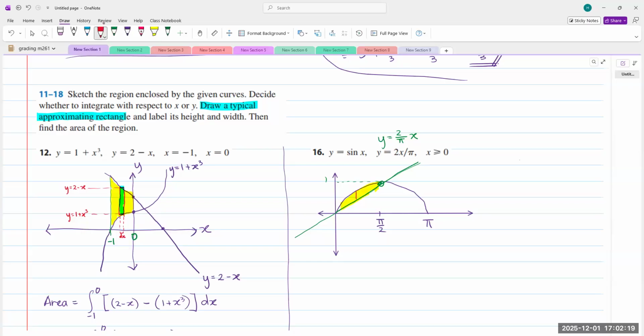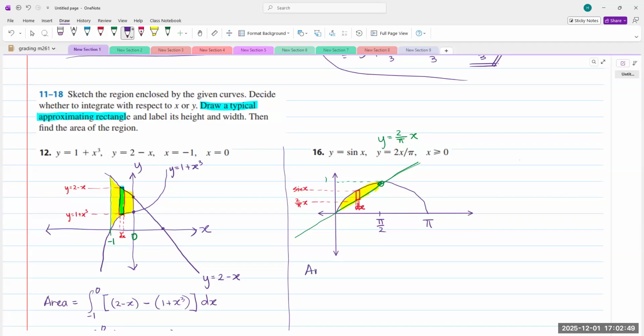If I draw the typical rectangle, again the thickness is dx, but the height will be the height from sine x minus the height from 2 over pi x. So that's the upper curve minus the lower curve.